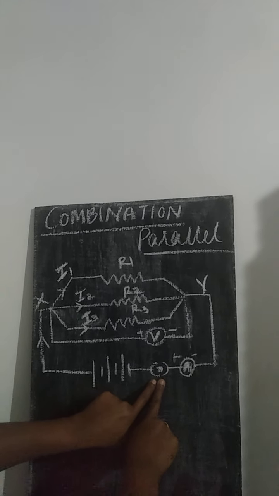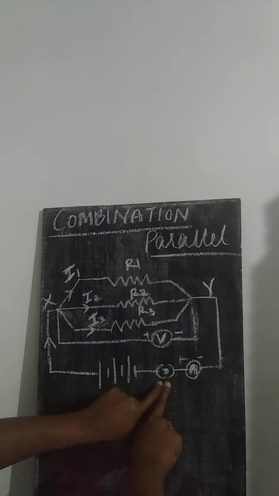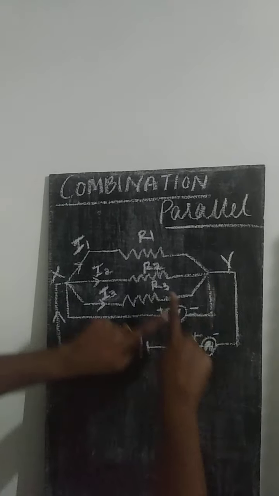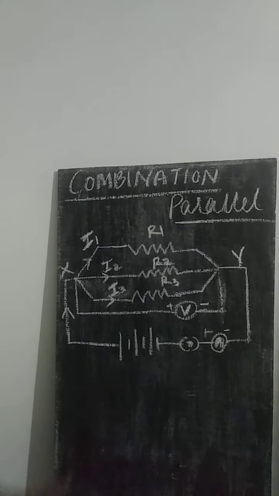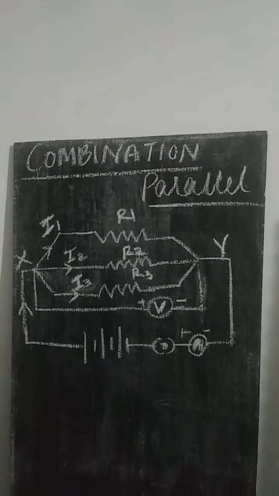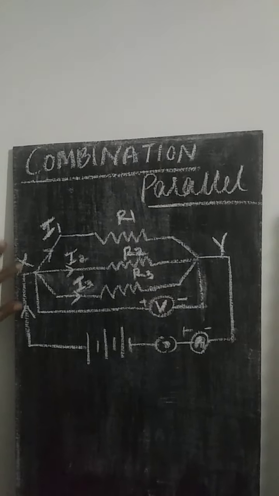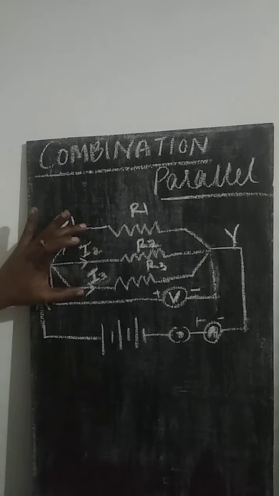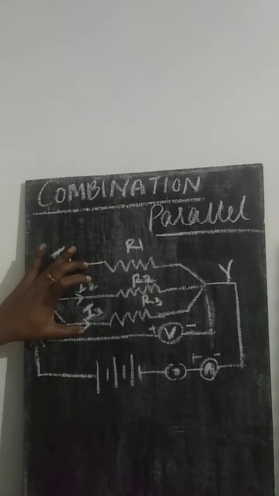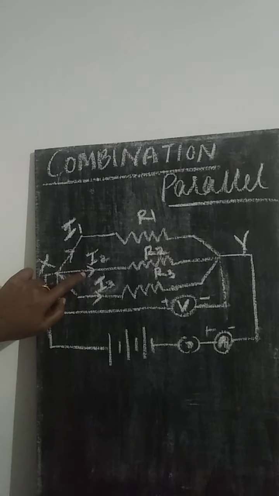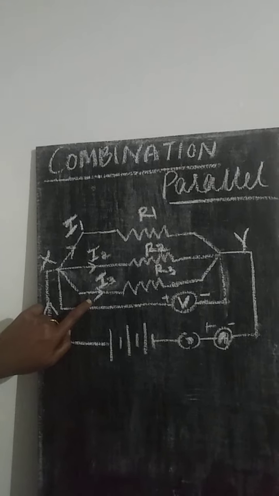The circuit is ready to send a current, and the ammeter is to find the value of current flowing through the entire circuit. And here there are three different ways for the current to flow, or three branches through which the current can flow. So this is the first branch, this is the second branch, and this is the third branch.